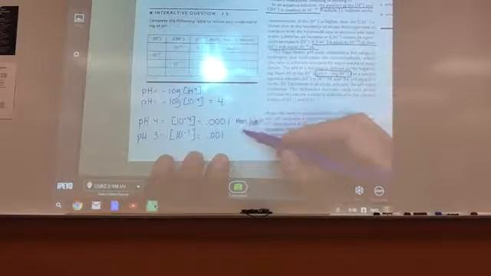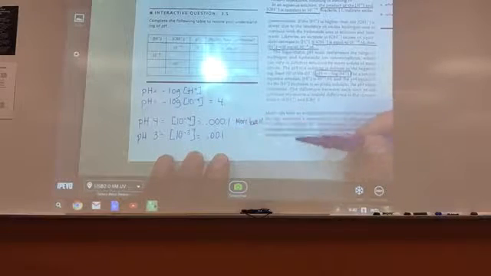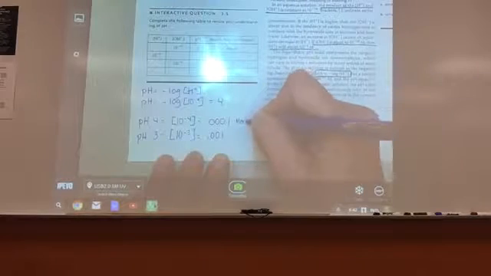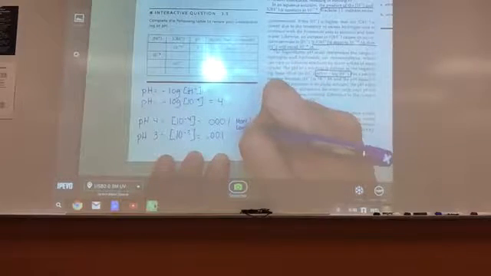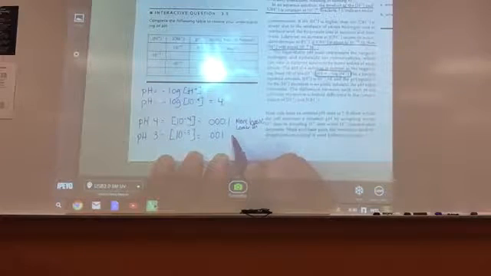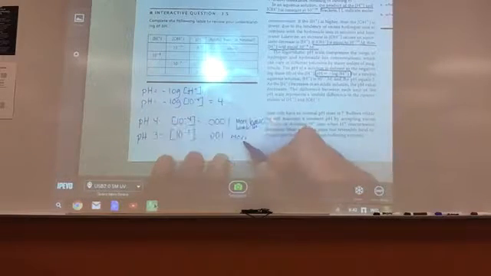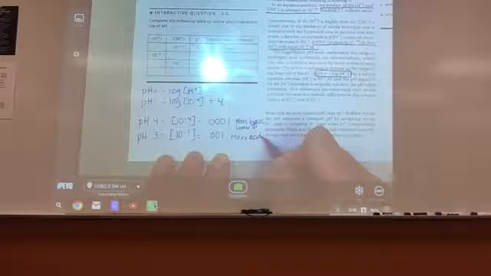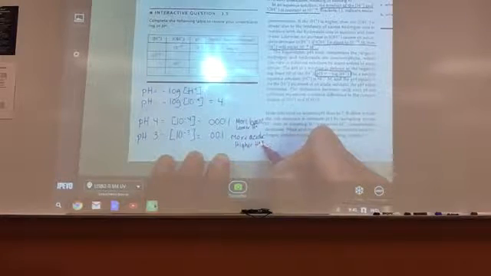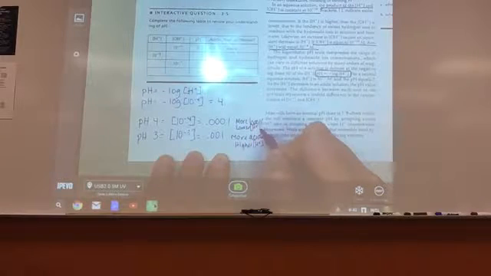Go ahead, Colby. For the first one, the hydrogen ion concentration is lower. All right, yeah, this one will have a lower hydrogen ion concentration. The pH of 3 is more acidic than the pH of 4, which means that it would have a higher, I should put the brackets, higher concentration.